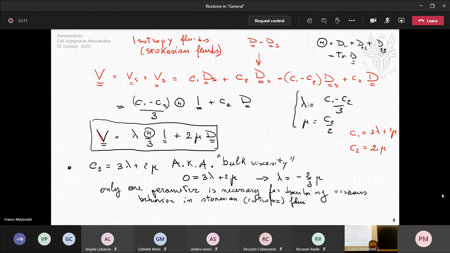Another point, another comment. This quantity V dot dot D has to be greater or equal to 0 for any transformation, because this is a part of the Clausius inequality. Okay?